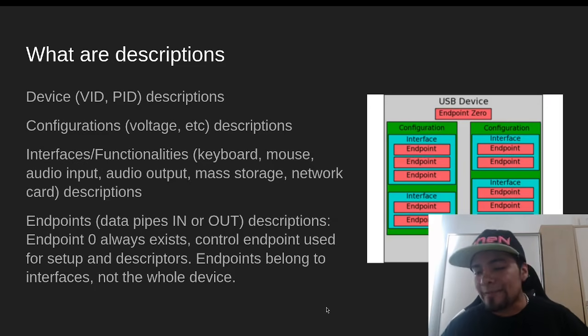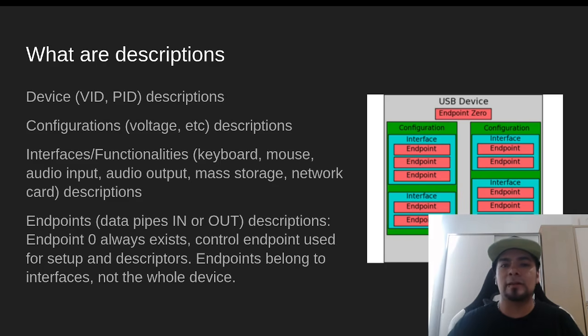But what is this information that is exchanged in the first phase when you connect the device? This is very interesting and very useful. For example, this is the USB device. Let's say that this is a hub that has a lot of configurations, and each configuration has an interface. The interface is a functionality.